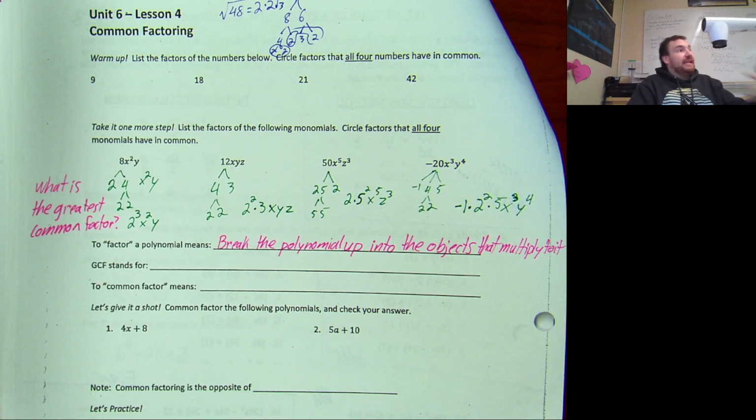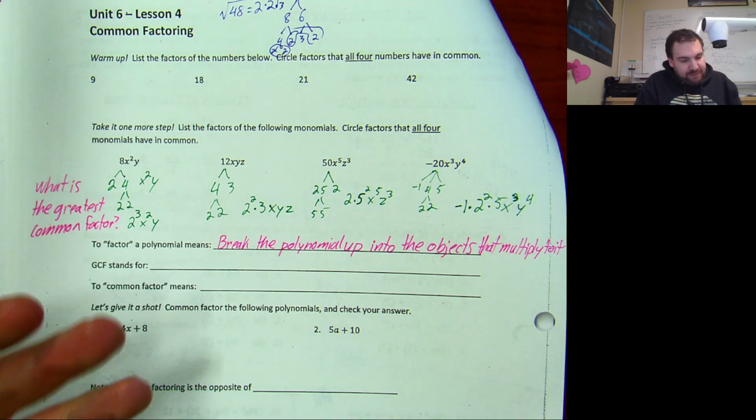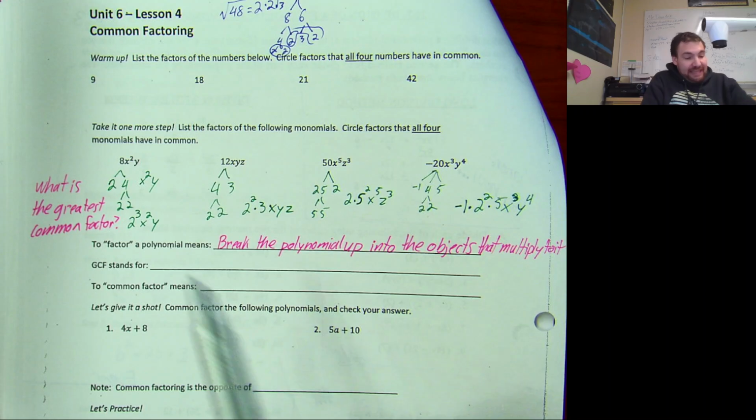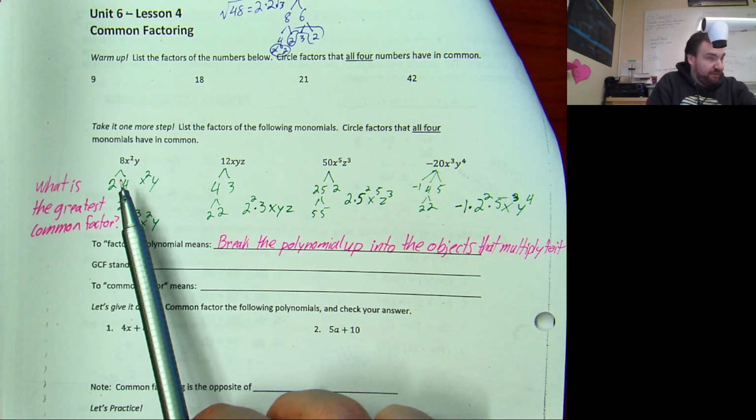Like 8 is 2 times 4, or 2 times 2 times 2. We're breaking up 8 into the pieces that multiply back together to give us 8. We're going to do the same thing with these polynomials. This technically is a polynomial, a single-termed polynomial called a monomial. Some of us forgot.